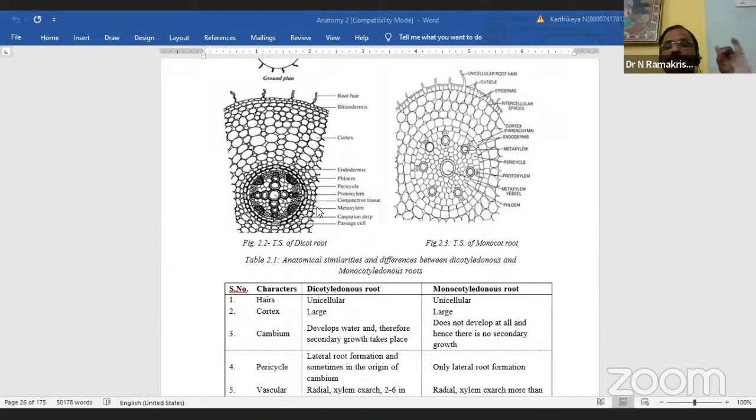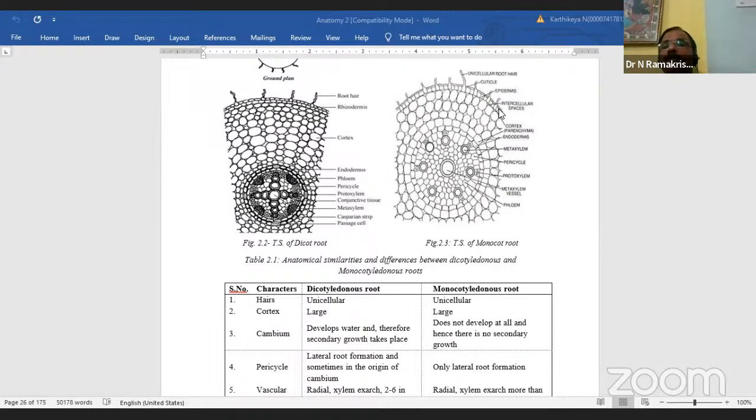The third part is most important here, which is the stele. In the stele we see two types of cells: one is xylem, the second is phloem. What type of arrangement is this? It is conjoint tissue. Similarly this is the dicot, and here this one is the monocot. Figure 2.3, the monocot.